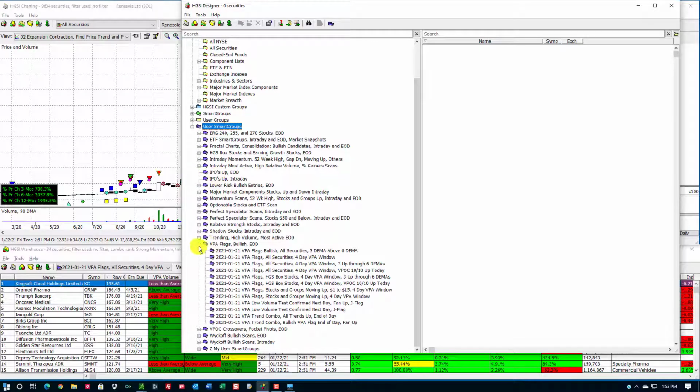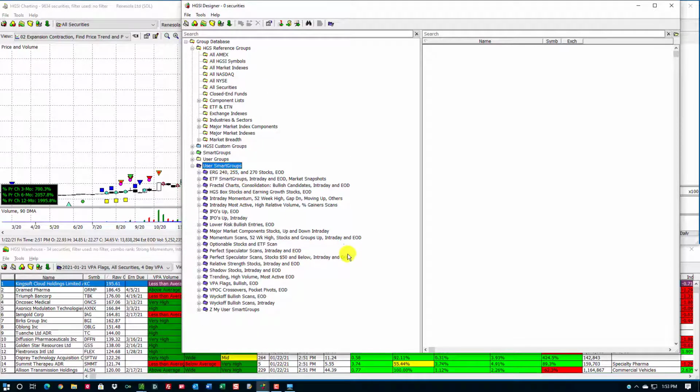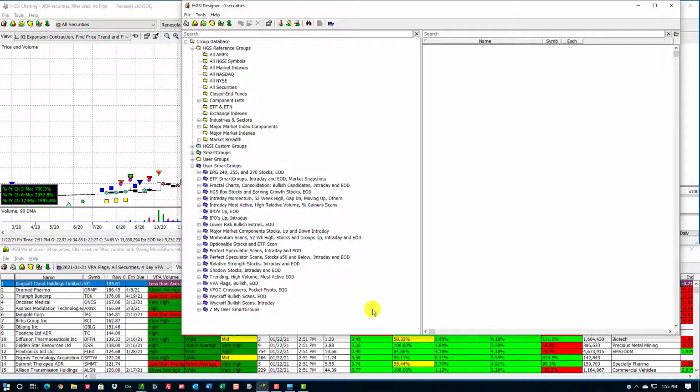Now, I've got several user smart groups in here, as you can see, but I was looking for a method that would really cut down on my prospecting time. I was looking at some of the user smart group scans that I had, and there's plenty of good scans in here, but I just didn't see anything that I really liked.